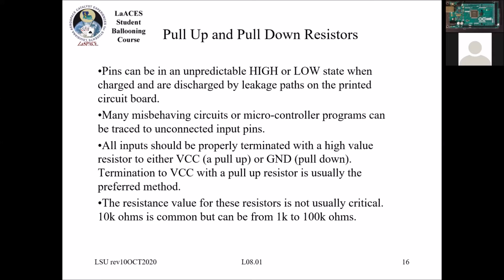One thing that is important to note is usually you don't really care what that resistor is. It's mainly there to prevent you from having almost zero resistance and drawing too much current through the pin.